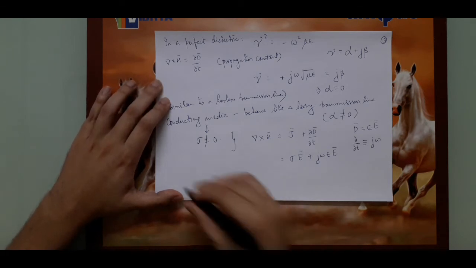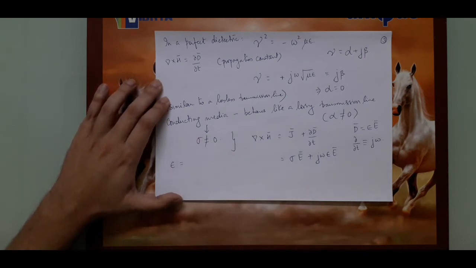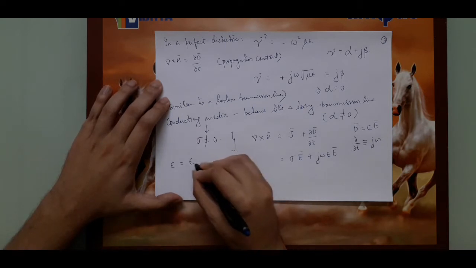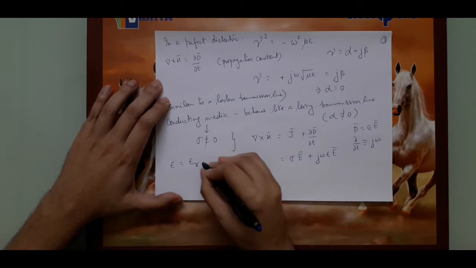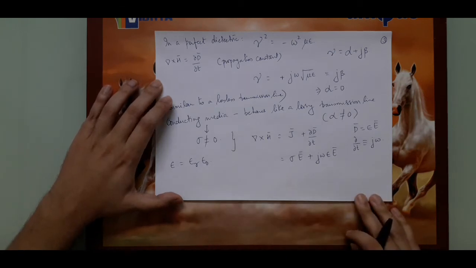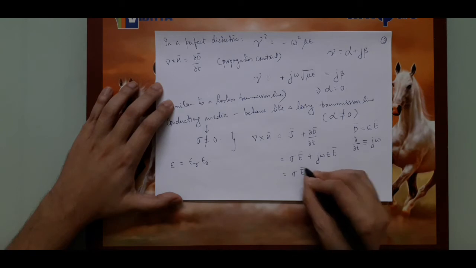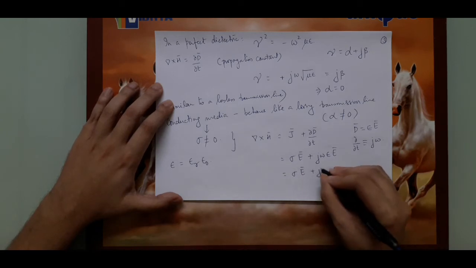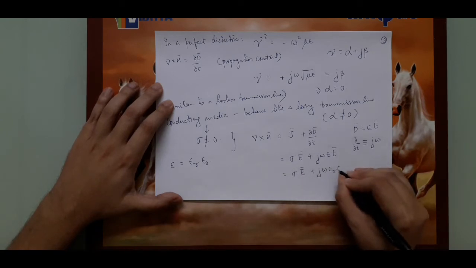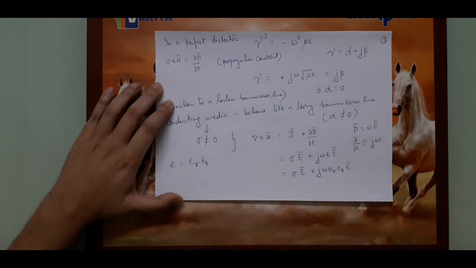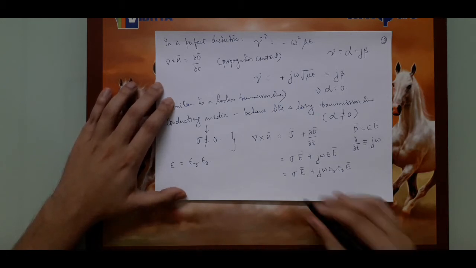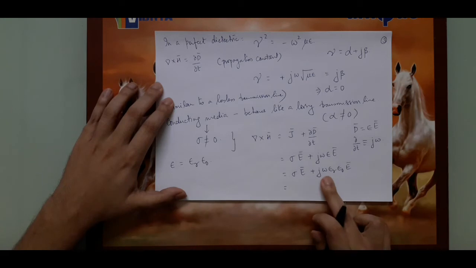Now in general, we know that the epsilon or the permittivity of a medium is nothing but the relative permittivity multiplied by the permittivity of free space. So therefore I can write this as sigma E plus j omega epsilon r epsilon 0 times E. So what we can now do is take this j omega epsilon 0 common.